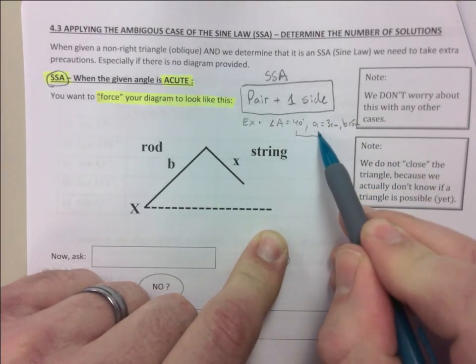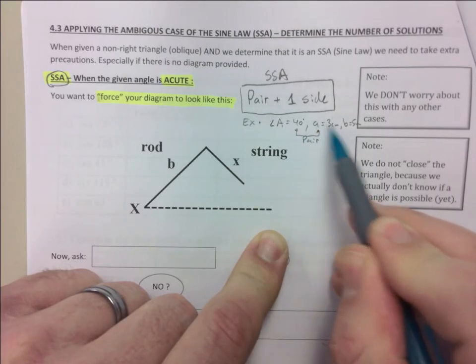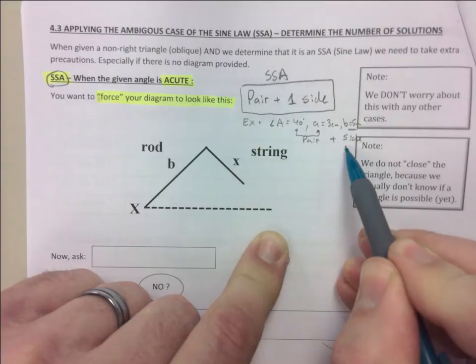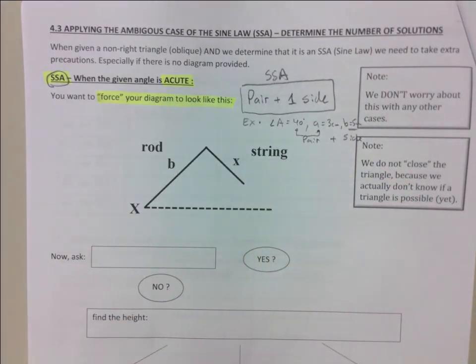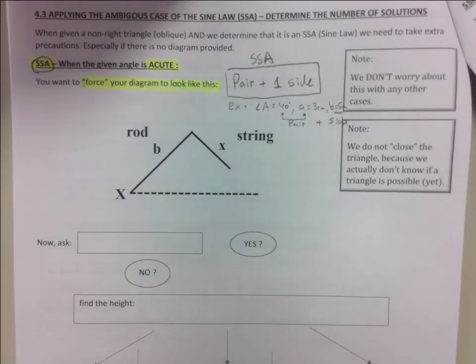There you have your pair. You have your pair and another side. Okay, and then you know this is SSA, I need to be extra careful here.